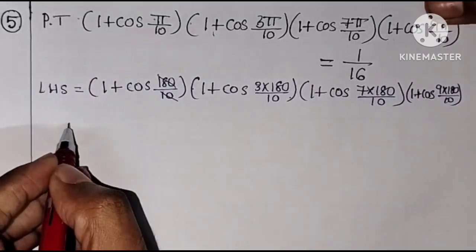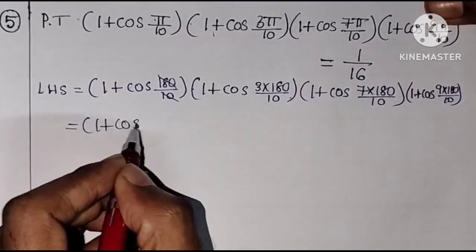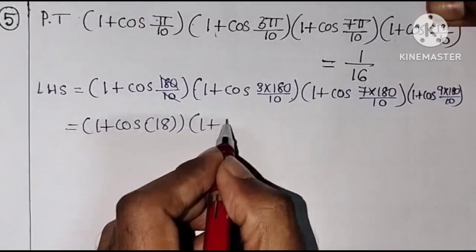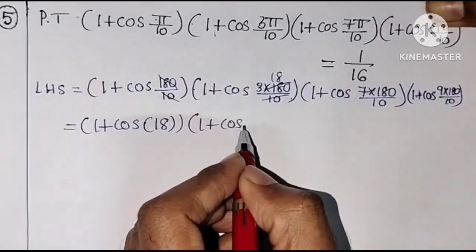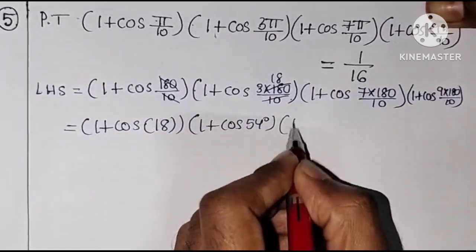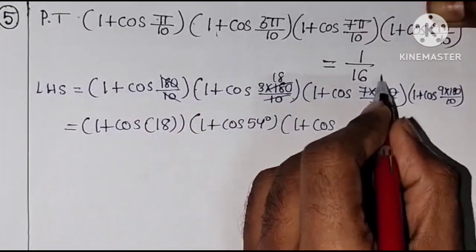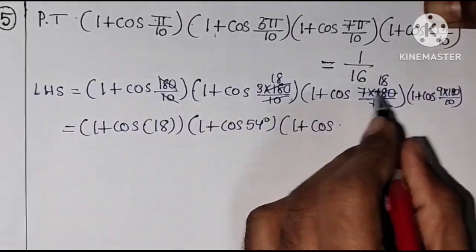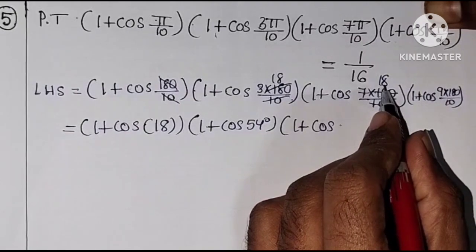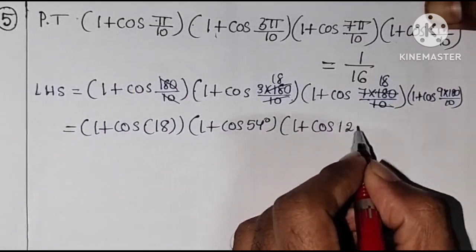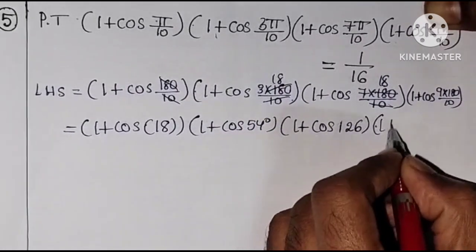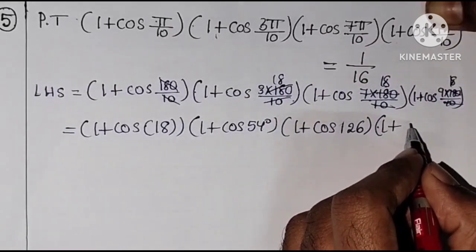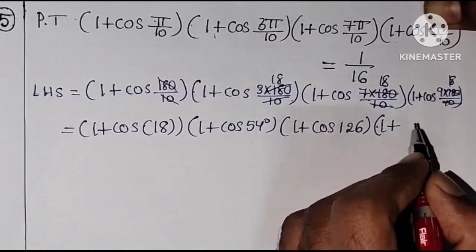10 ones are 10 18s, so you will get 1 plus cos 18 degrees. 1 plus cos of 3 into 18, that is 54 degrees. 1 plus cos of 7 into 18, how much? 7 18s are 126 degrees. 1 plus 10 minus 1 is 9, so 9 18s, and 18 10s are 180, so 18 9s are how much?